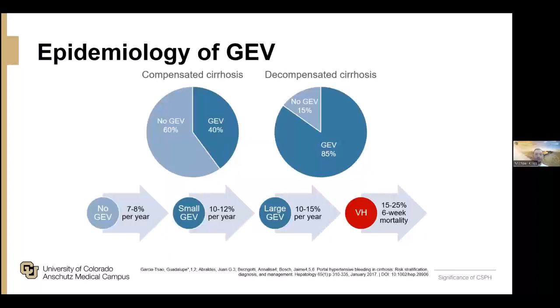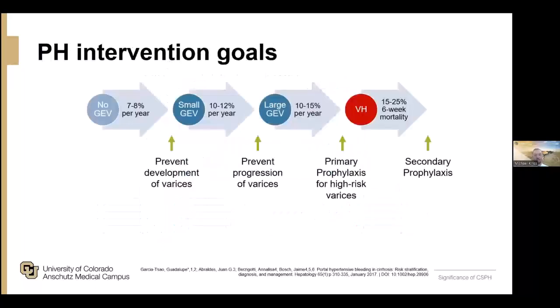They develop progression of small to large varices at a rate of 10 to 12% per year. And then those large or high-risk varices bleed at a rate of 10 to 15% per year. And once that bleeding event occurs, the 6-week mortality is 15 to 25%. So these are not trivial numbers, especially given the not only national but global burden of liver disease.